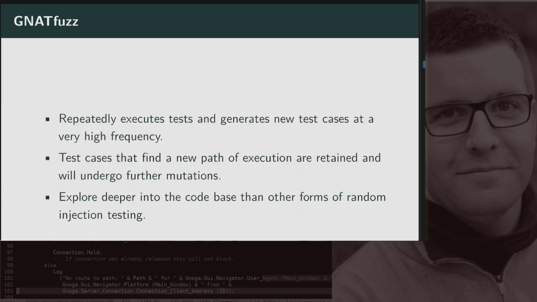At AdaCore, we developed a couple of tools that bring that second part. One of them is GNATfuzz. GNATfuzz will very rapidly generate new test cases and test the code against them.